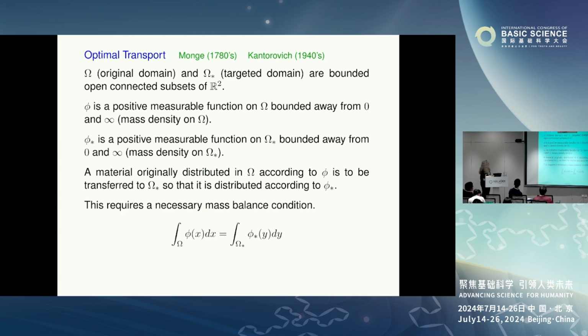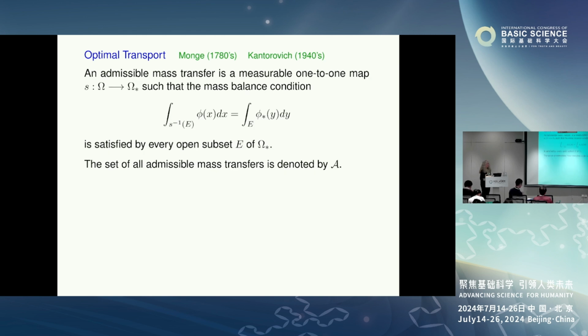This requires a necessary mass balance condition. An admissible mass transfer is a measurable one-to-one map S such that the mass balance condition is satisfied for every open subset E of omega star. We'll denote the set of all admissible mass transfers by A.